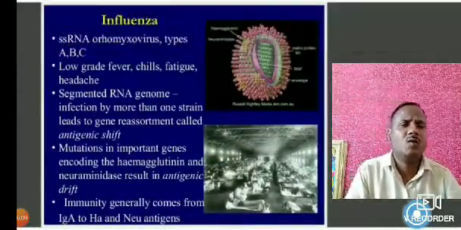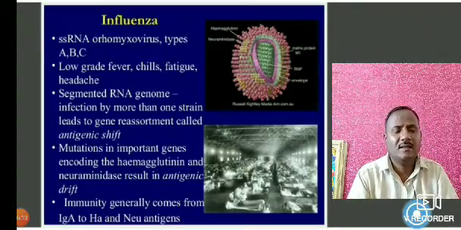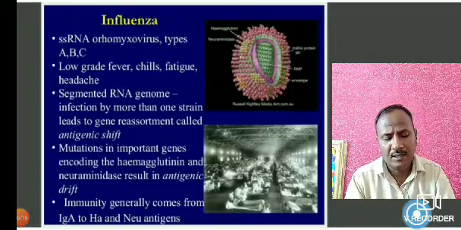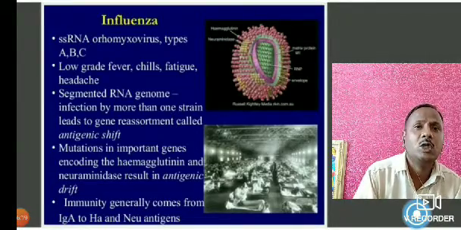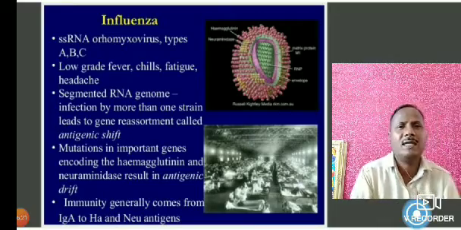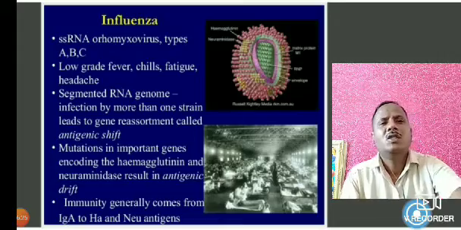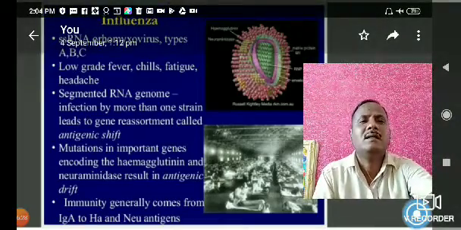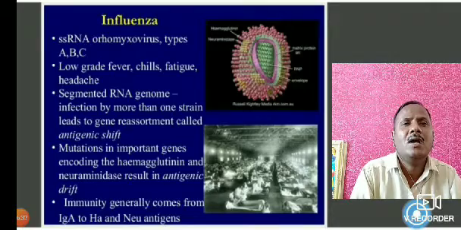The next viral disease is influenza. The next disease is called influenza. In Marathi we can say शीतज्वर or हिवताप. So influenza is a disease due to a single stranded RNA virus.